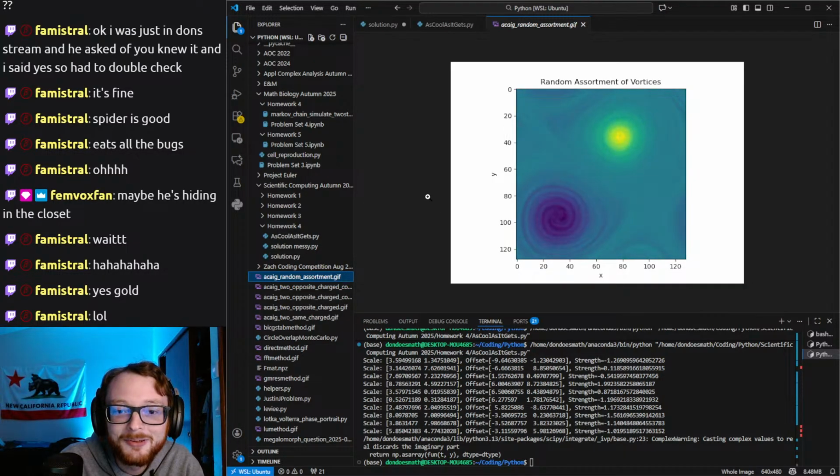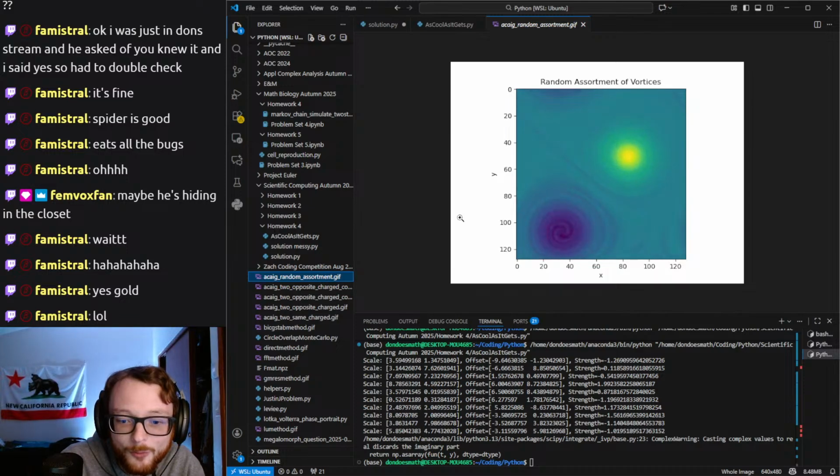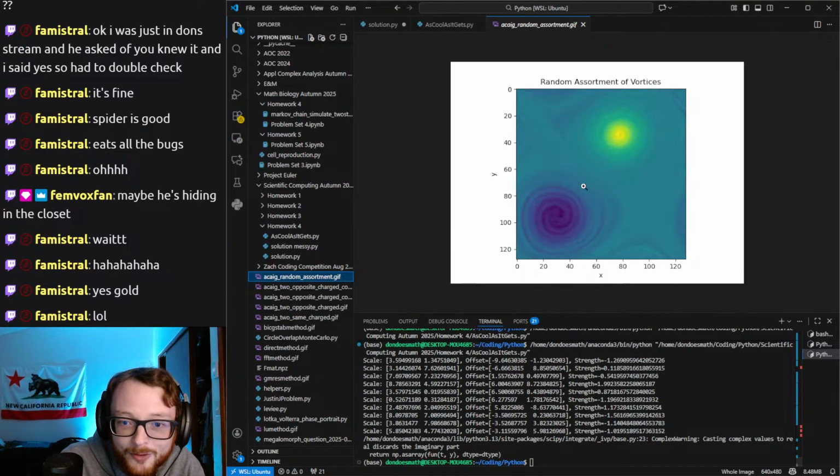You still don't see that many of them. Maybe the weak ones are getting swept up. There're 10 vortices initially, but you only see 2 by the end.